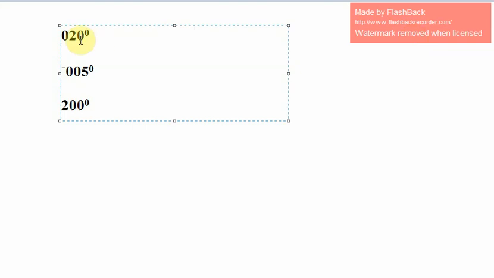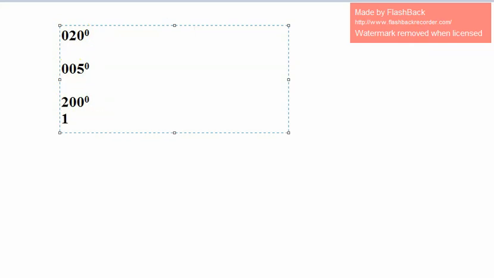In the case of 20, we have two digits already, so we precede it with what? One zero. In the case of 5 degrees, we have one digit already, so we precede it with what? Two zeros. If we have 200, it's already three digits. 151 degrees is three digits. You don't precede it with any zero. So that is one point you note.